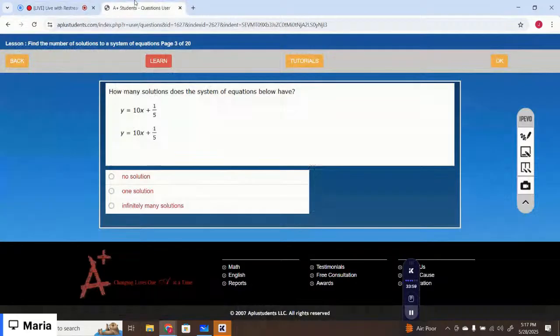So the equations are identical, so they have infinitely many solutions. The correct option is infinitely many solutions. Option number two is the correct one.